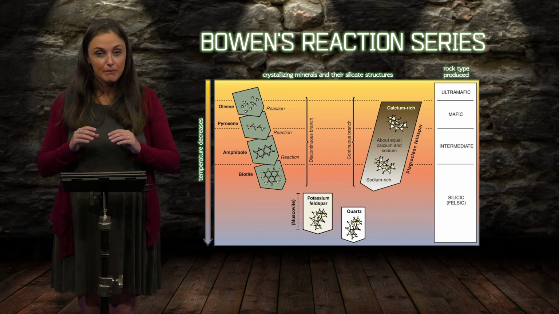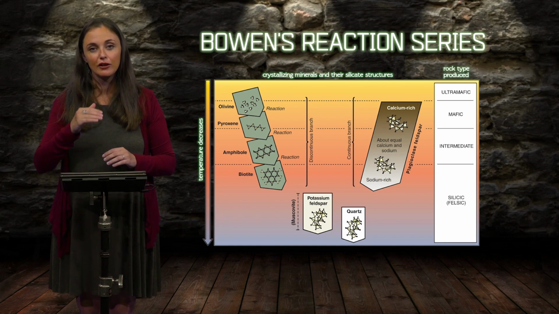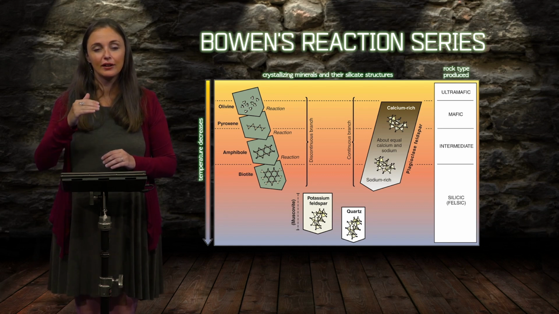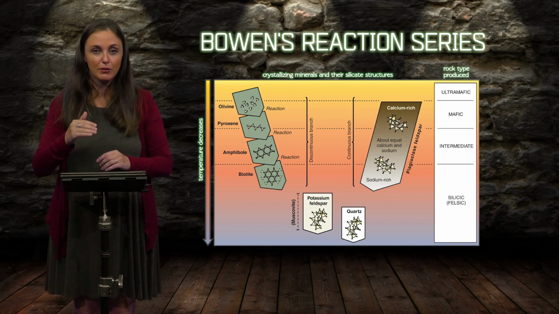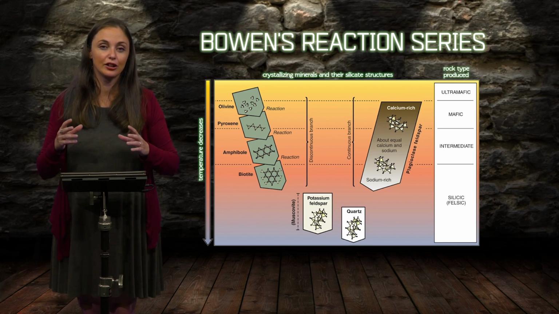So the main thing that's going to change between the high temperature mafic to ultramafic igneous minerals that are going to form in Bowen's reaction series is that those are going to have relatively less complex silicate structures.